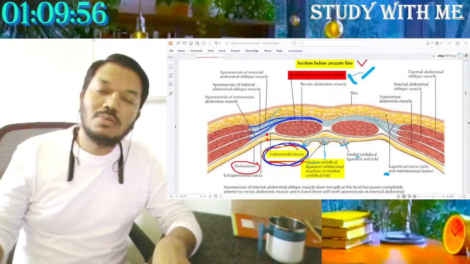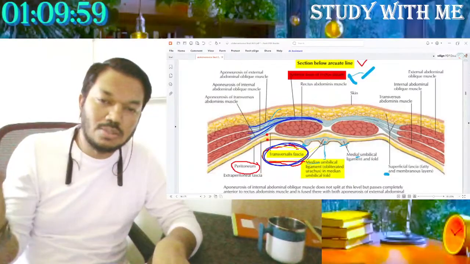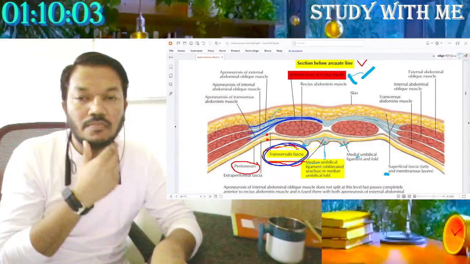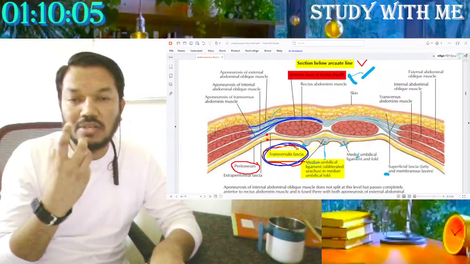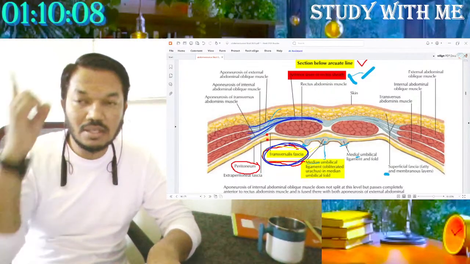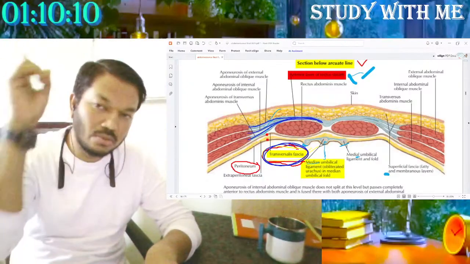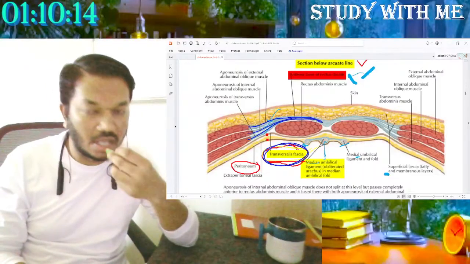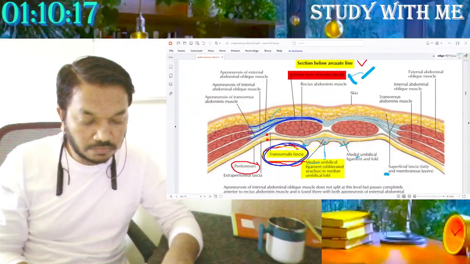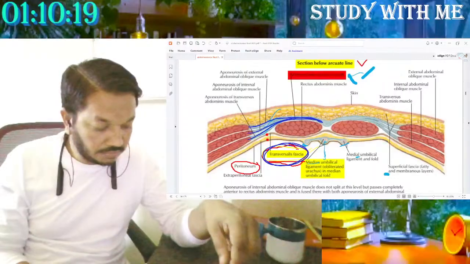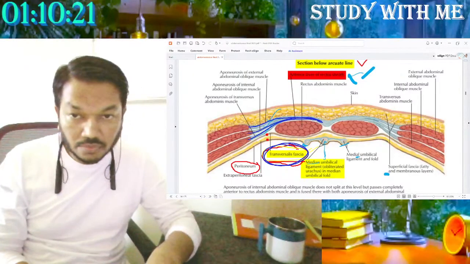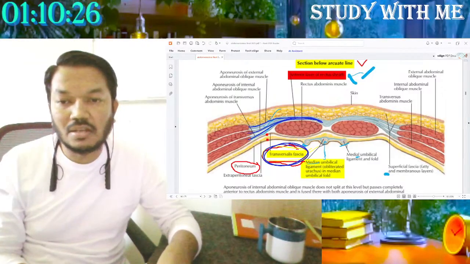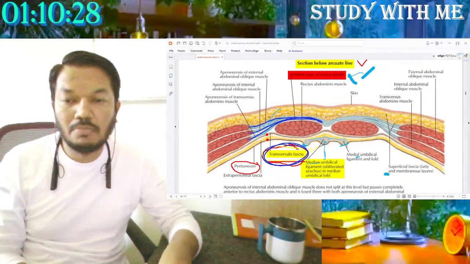No, transverse fascia goes all the way through. Transverse fascia is a very tough structure covering the whole abdomen, anterior and posterior. Then there is extraperitoneal fat, or pre-peritoneal fat.